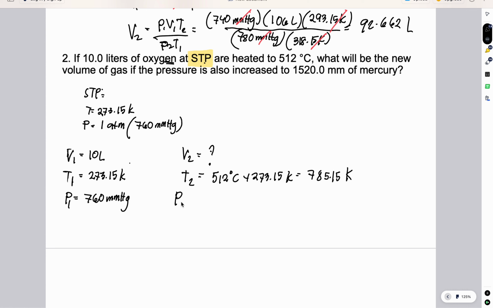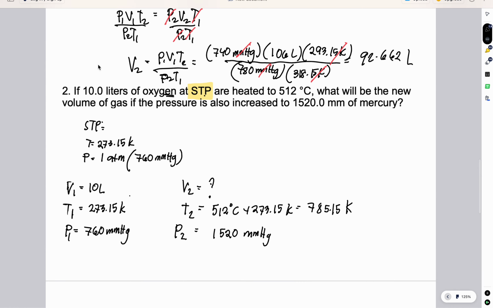And the pressure here, P2, is 1,520 mmHg. So we still need to use what we have in example 1. We have V2 equals, what is P1 here? P1 is 760 mmHg. V1 is 10 liters.